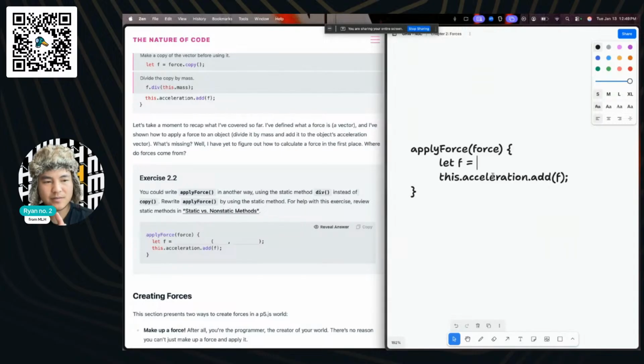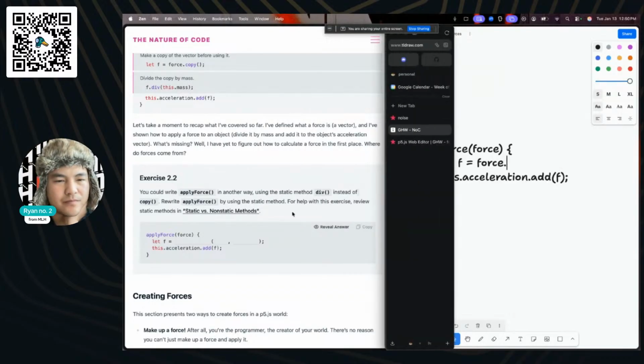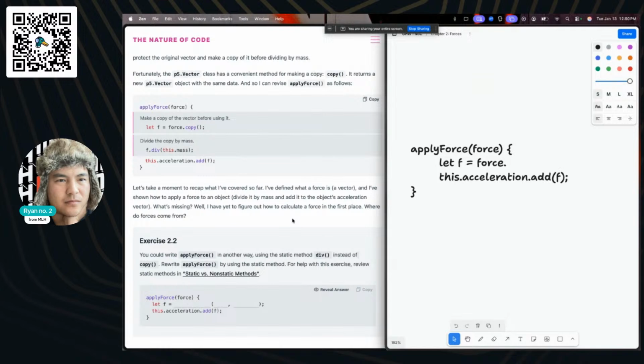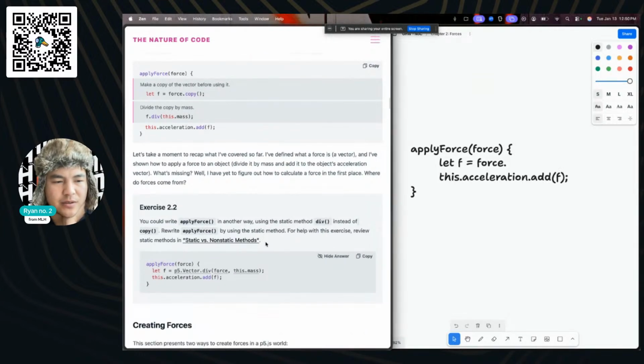So in this case, this should be force dot... You could write apply force another way. Hang on. I'm not entirely sure what it's asking for right now. I'm just going to reveal the answer.